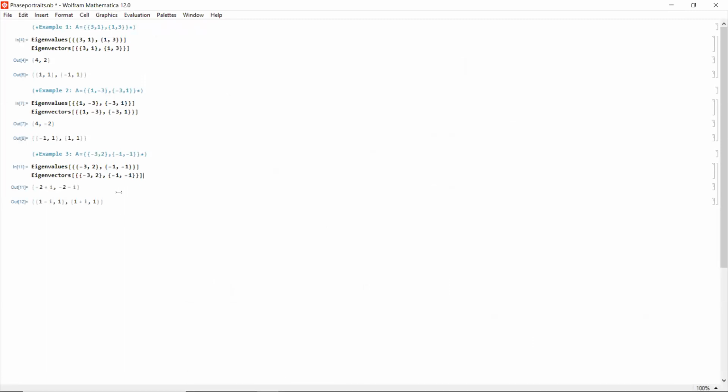And this is what I don't have calculated, so let's do it now. Example 4, A is 0, 1, and then -1, 0. And we would like to compute the eigenvalues and the eigenvectors.